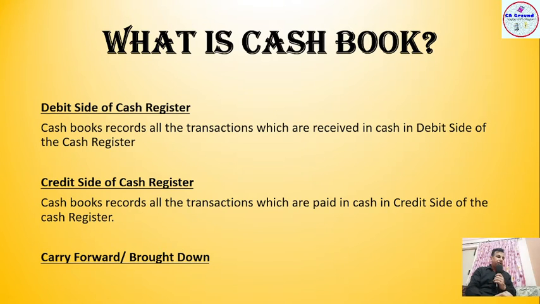Okay, you must understand carry forward and brought down. Carry forward is the balance which is carried forward to the next period. Brought down means that in the same period it is brought down to the next side. If you are a commerce student, you should definitely understand what carry forward and brought down are.